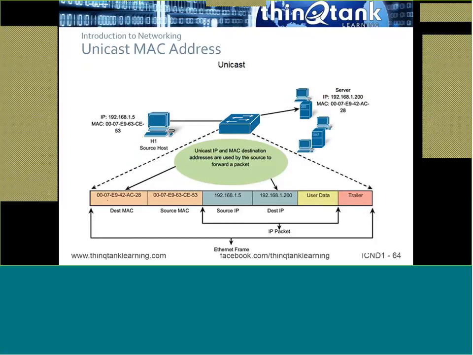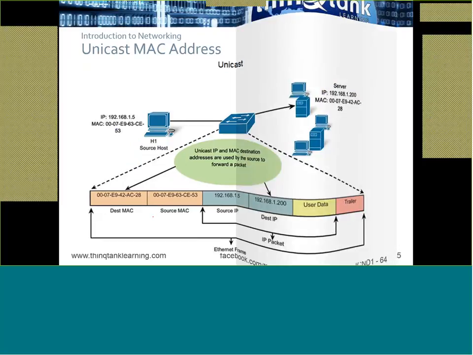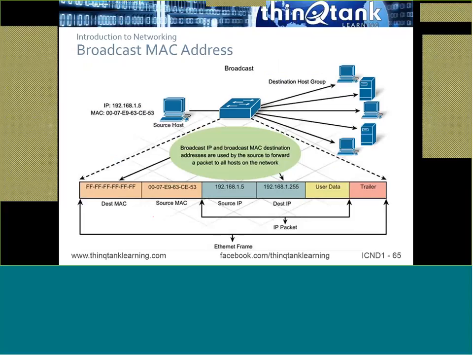Very simple. The destination and the source MAC are globally unique, or they belong to an individual host. Just like with IP, unicast means one-to-one. Well, at layer 2, it's the same thing. It means one-to-one.